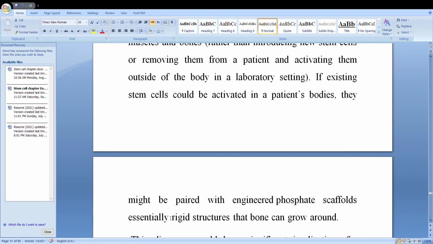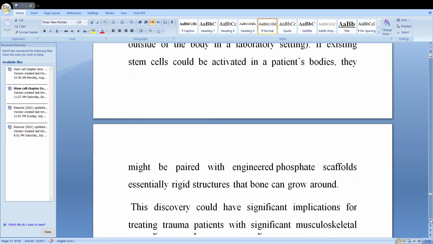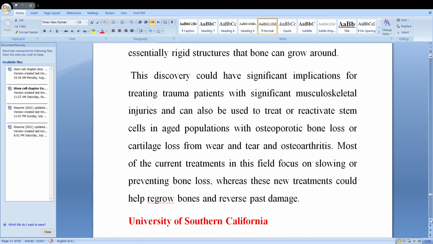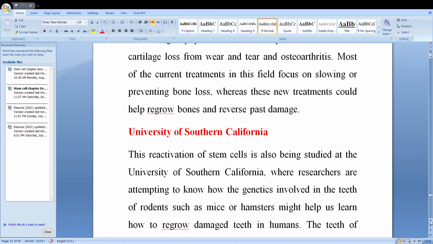They might be paired with an engineered phosphate scaffold, essentially a rigid structure, and bone can grow around it. This is called the technique.